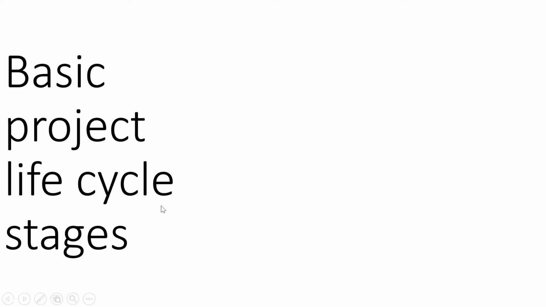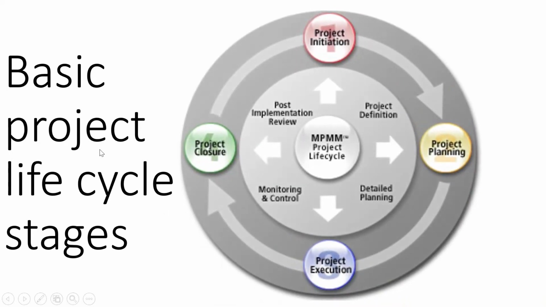So here are the basic project life cycle stages. There is project initiation, project planning, project execution, and project closure. Those are the 4 basic stages of a project life cycle.